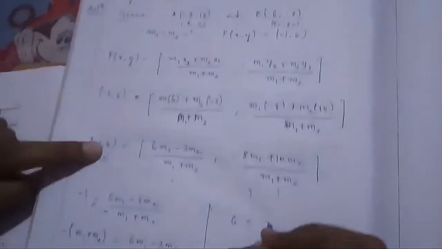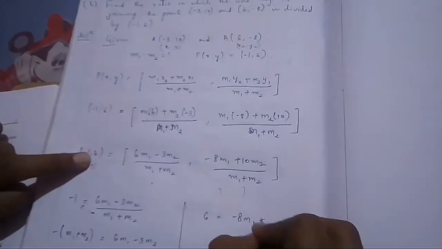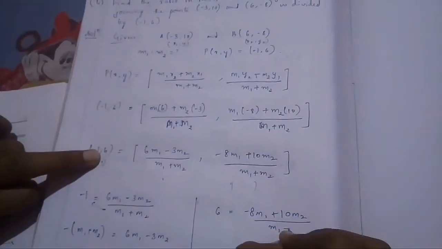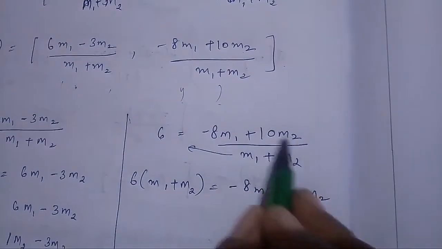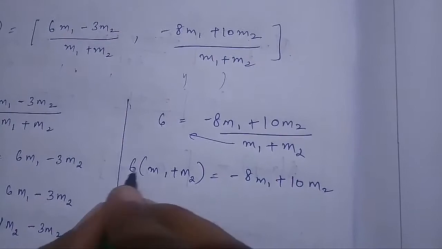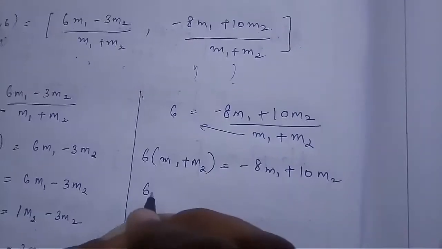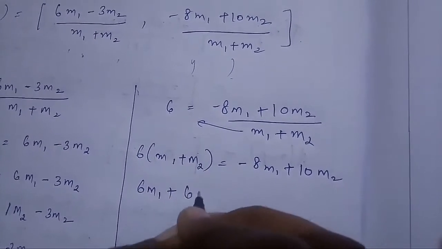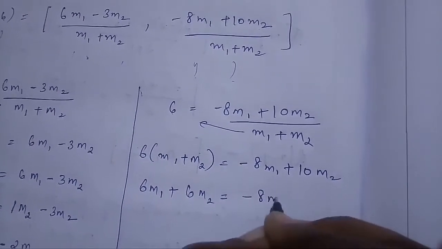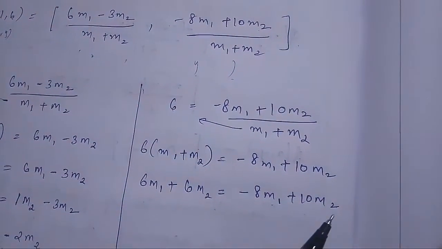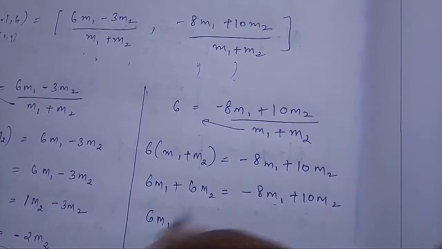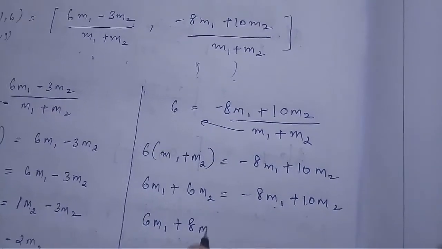6 is equal to (-8 m1 plus 10 m2) divided by (m1 plus m2). Cross multiplication: 6 times (m1 plus m2) is equal to -8 m1 plus 10 m2. Write the numerator terms as it is. Now multiply 6 inside: 6 m1 plus 6 m2 is equal to -8 m1 plus 10 m2. Take m1 to one side and m2 to the right hand side. 6 m1, this becomes plus 8 m1.